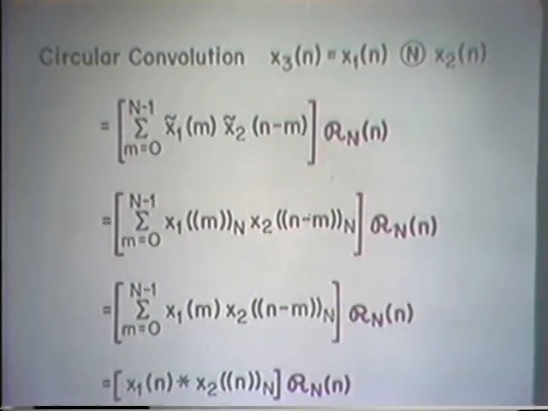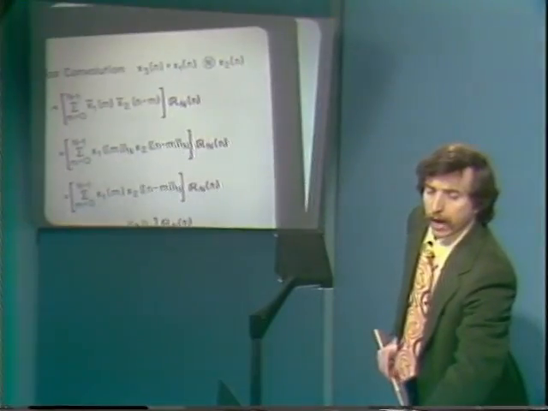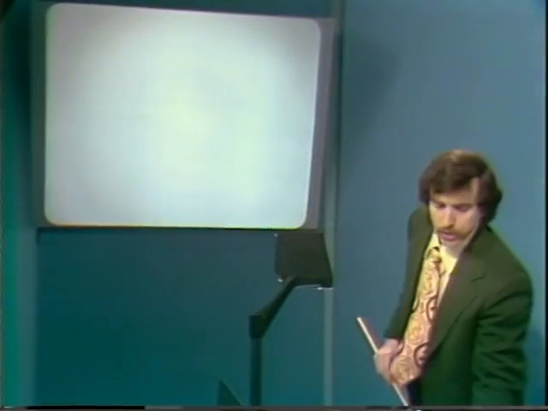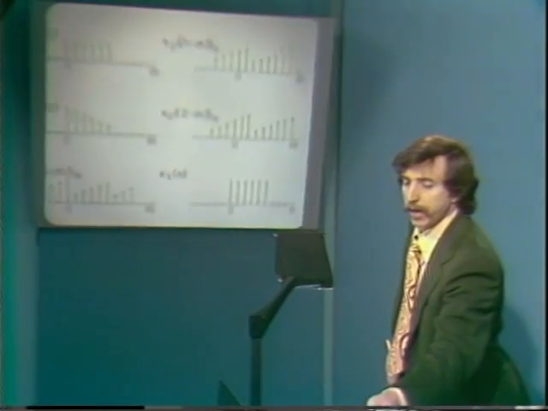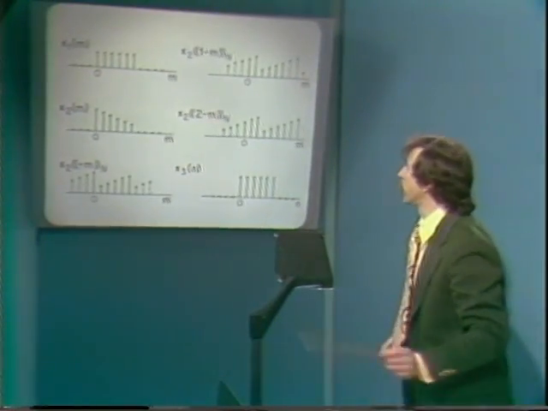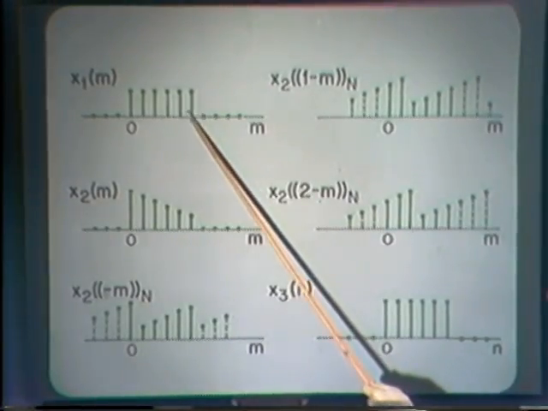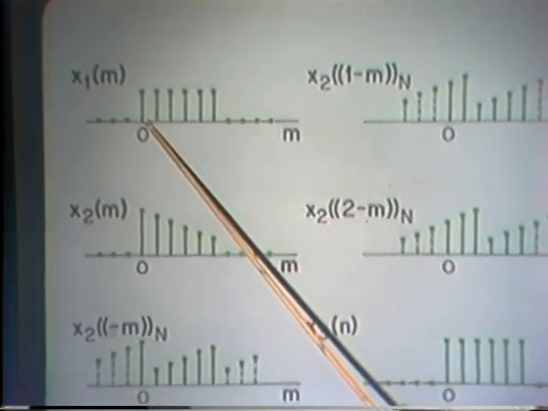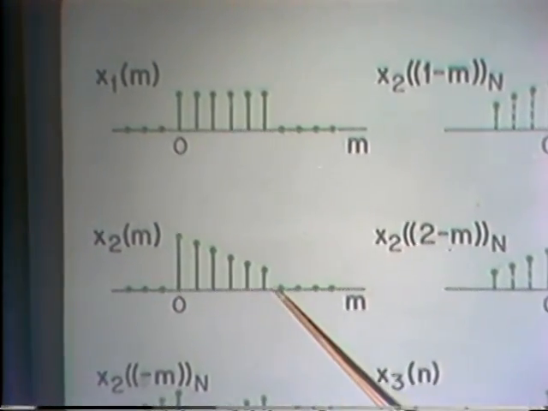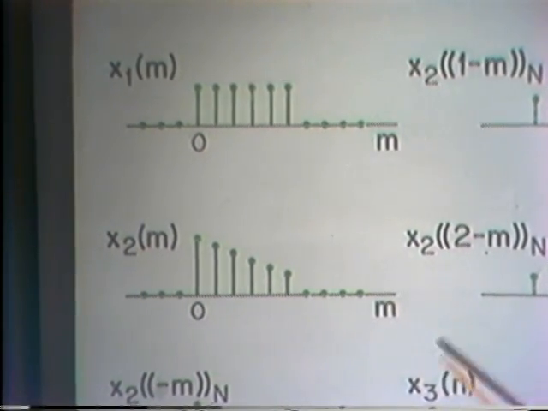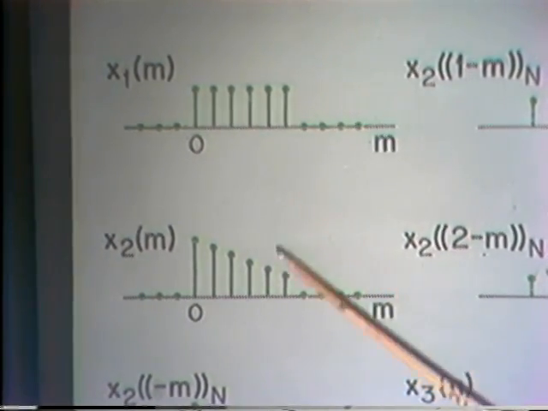To remind you of how the mechanics of the circular convolution are carried out, I showed you last time the circular convolution of two finite length sequences, x1 of m and x2 of m, and let me re-stress a couple of important points.